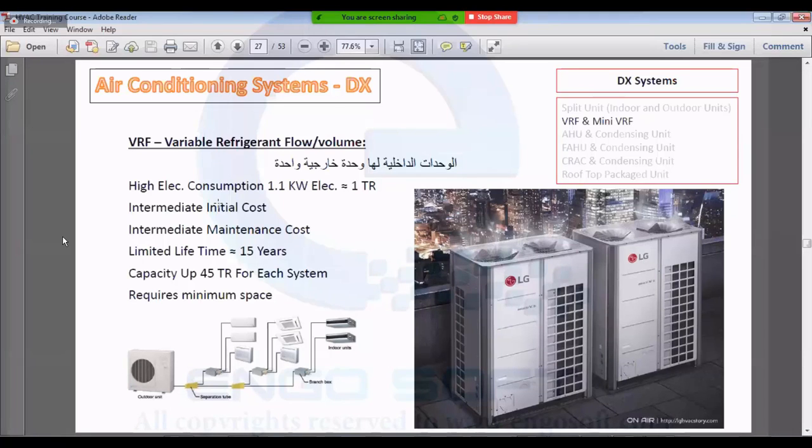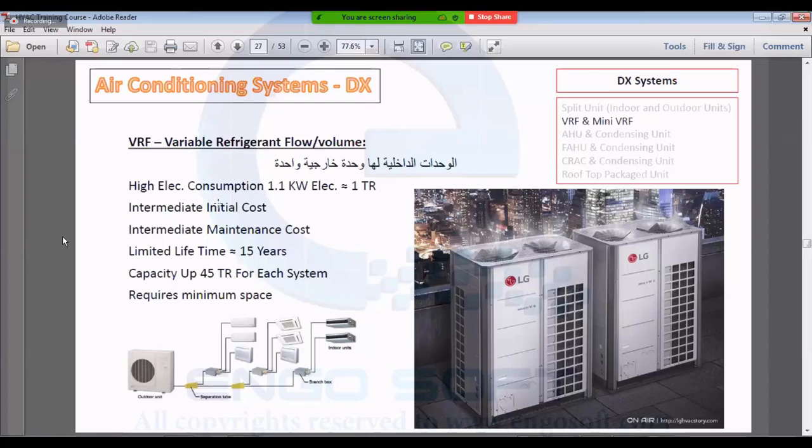So what is meant by variable refrigerant flow? What do you understand from this? See, there will be one outdoor unit, and with one outdoor we can have around 10 to 15 indoor units. There will be one outdoor and about 5 to 10 indoors.